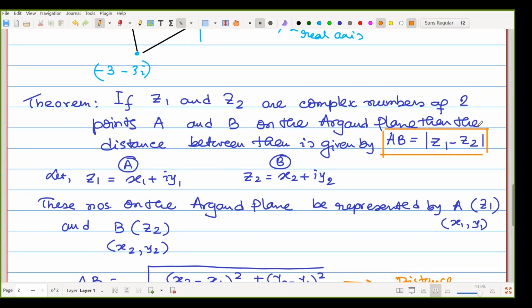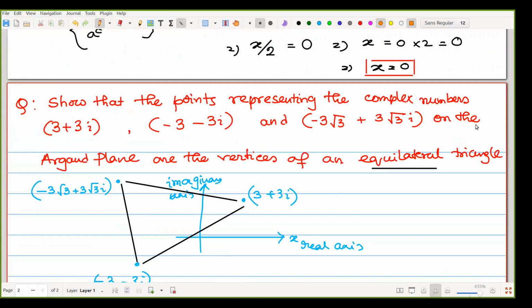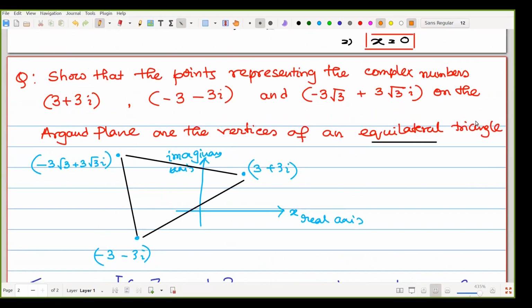So here, proceed with the main problem. Show that the points representing the complex numbers 3 plus 3i, minus 3 minus 3i, and minus 3 root 3 plus 3 root 3i on the Argand plane are the vertices of an equilateral triangle. Let us represent the 3 points here.